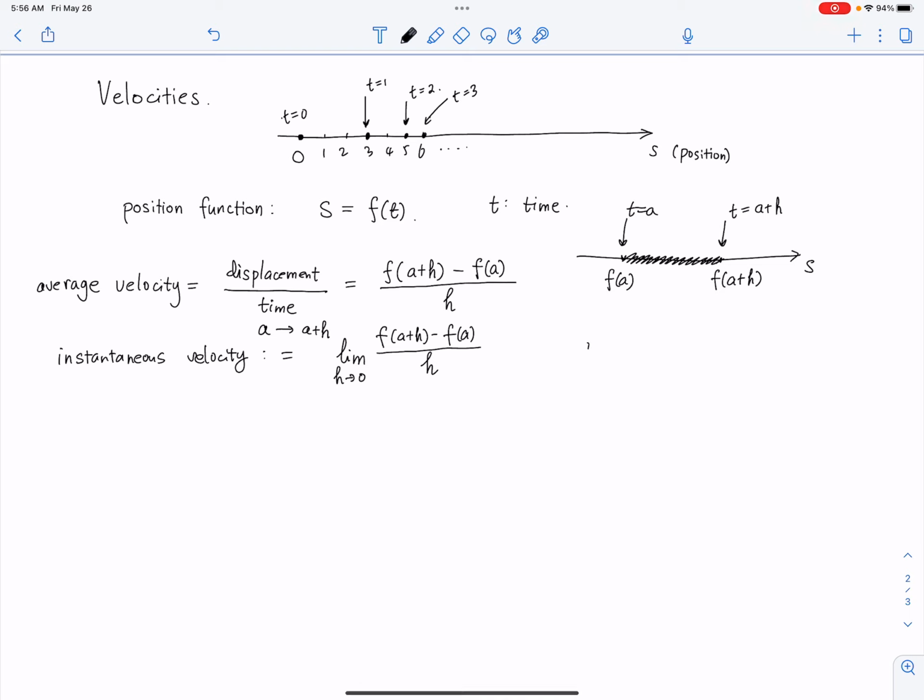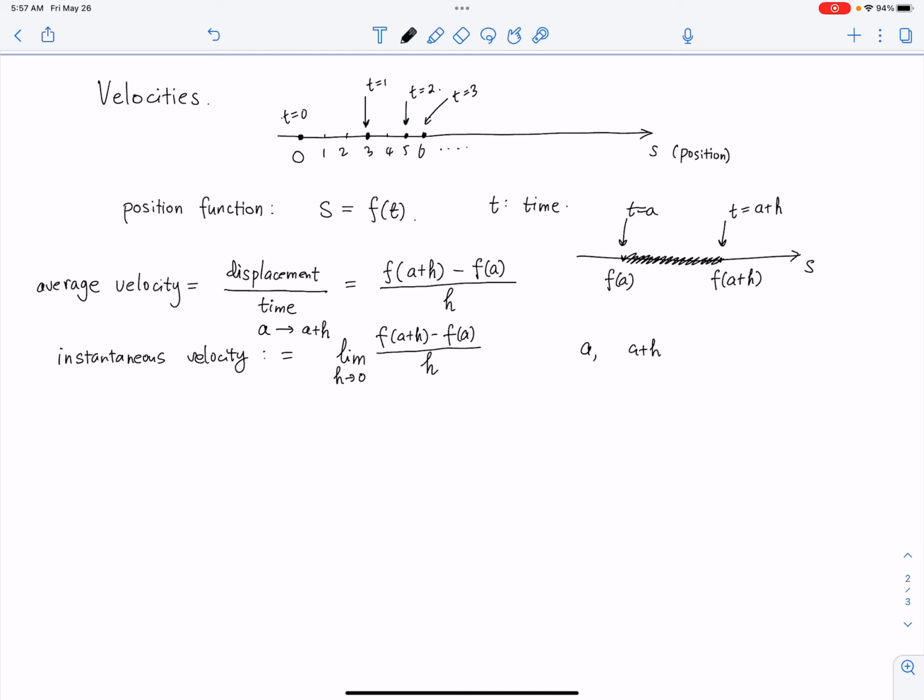One is a, one is a plus h, but these two are very close, so h is very small. And then you look at how much distance you can cover during this time h. So that limit is defined to be the instantaneous velocity.